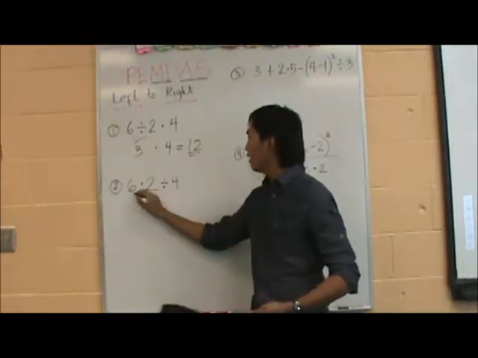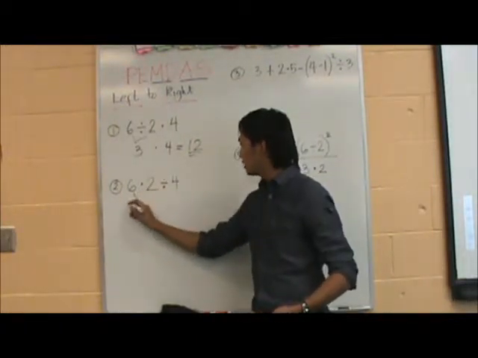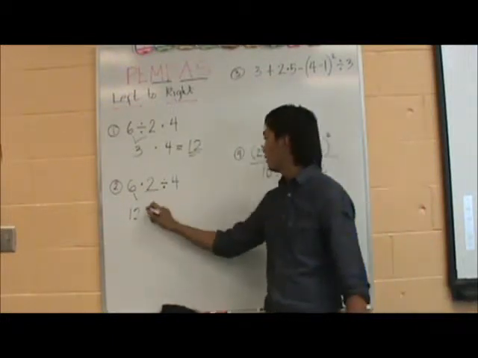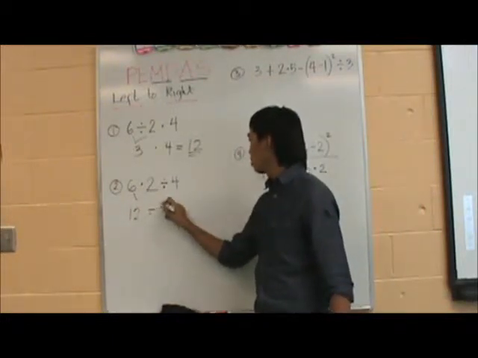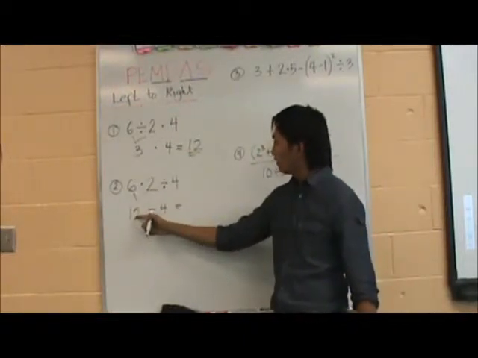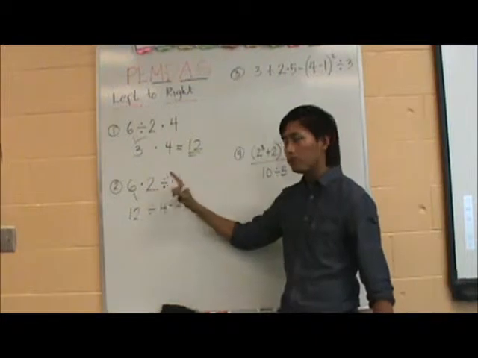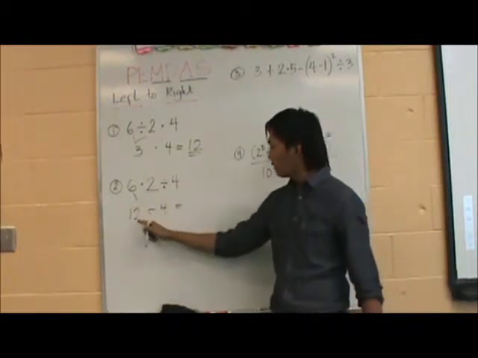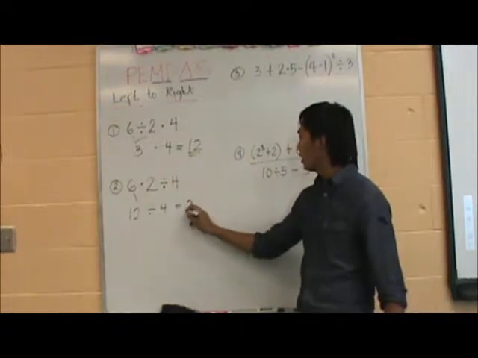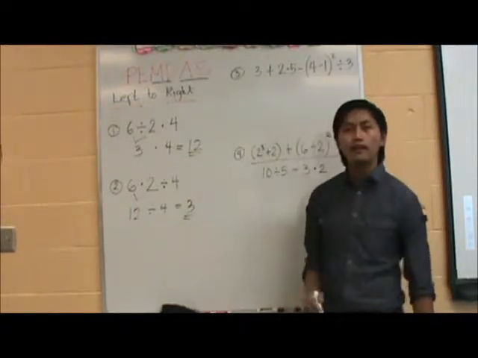That means we multiply 6 and 2 first, which gives you 12 divided by 4. So you have to multiply first before you divide. 12 divided by 4 gives you 3, and 3 is the final answer.